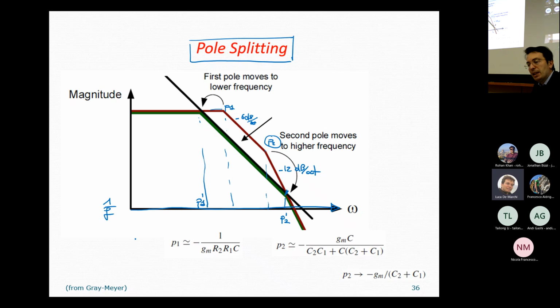So a positive zero generates a phase loss, a 90-degree phase loss, same as the negative poles. Okay?